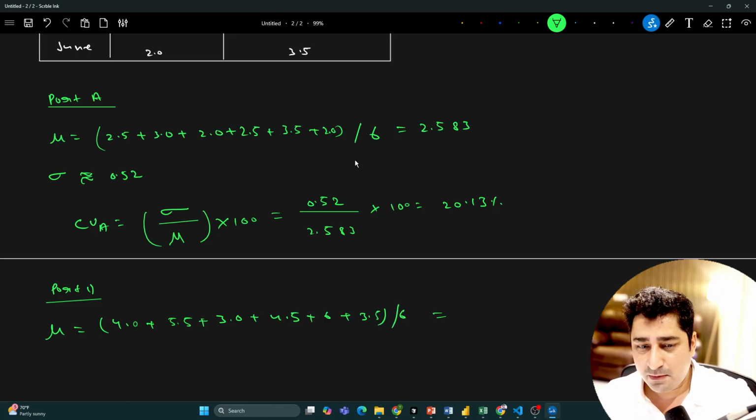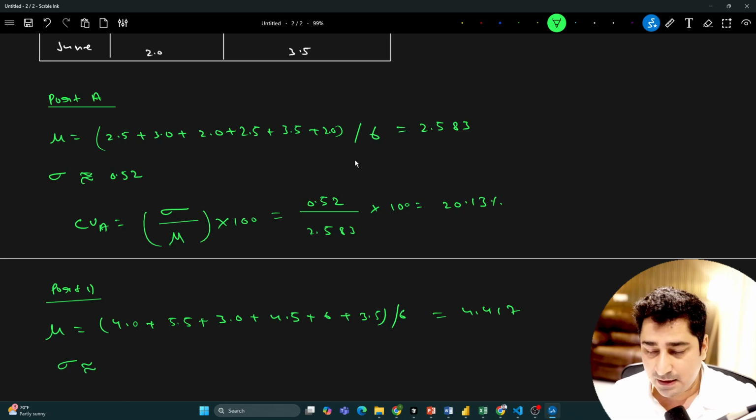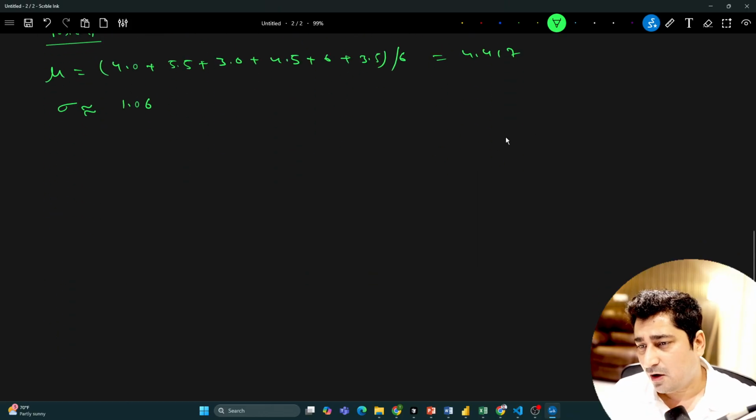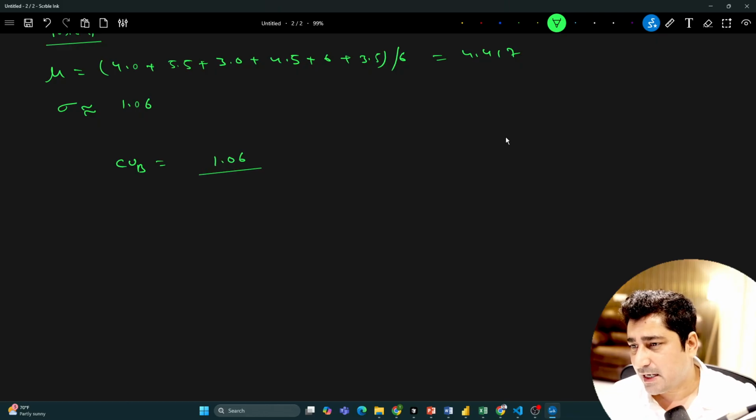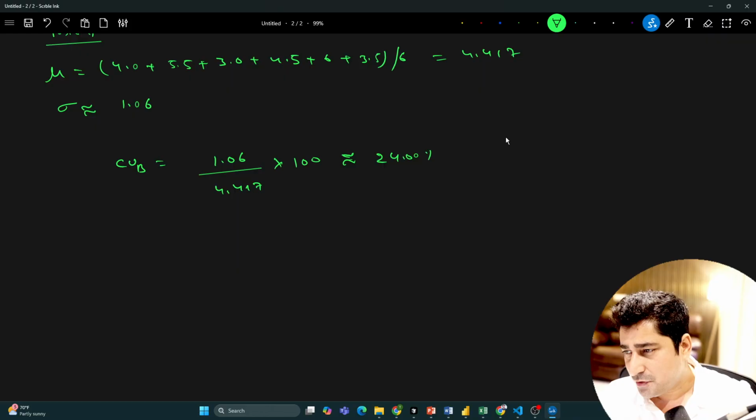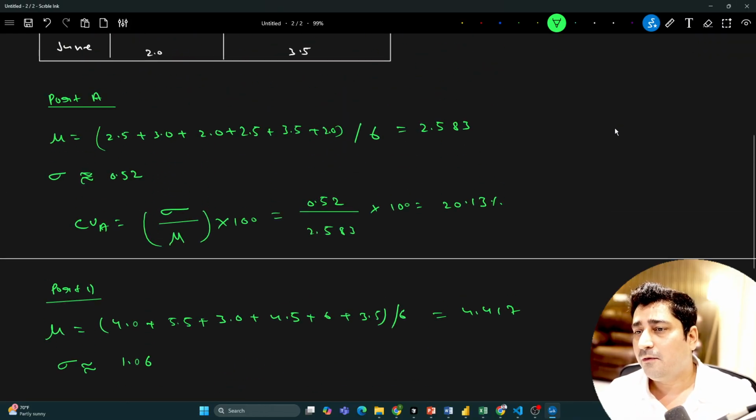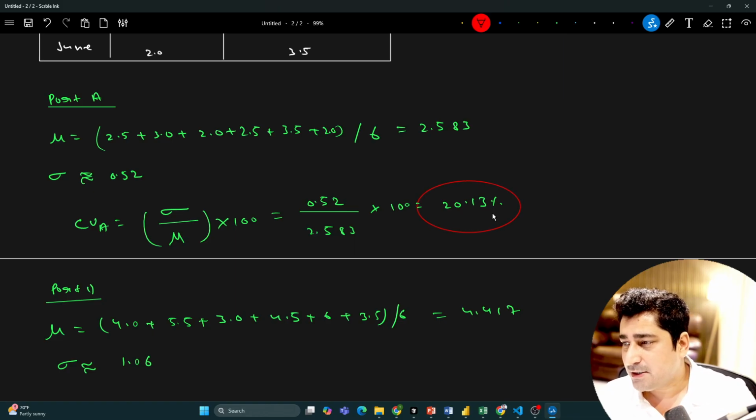Now my mean is going to be 4.417 and my standard deviation is approximately 1.06. So the coefficient of variation for B is 1.06 divided by 4.417 into 100, which gives approximately 24.00%.